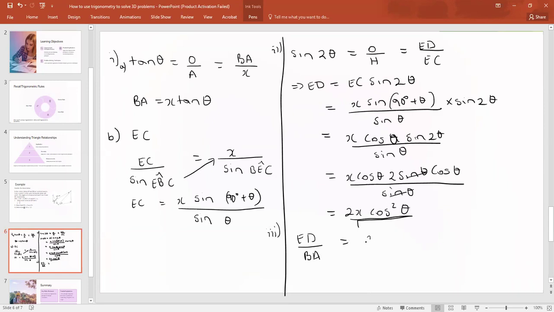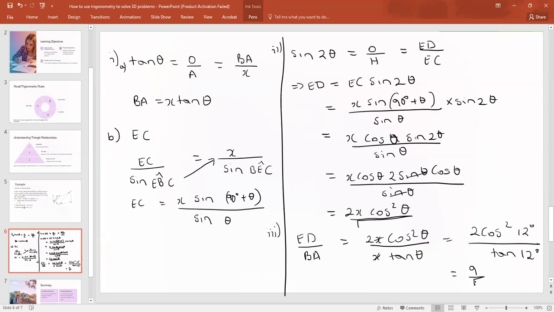Our ED from our previous calculation is 2x times cosine squared of theta, divided by BA. This is our BA, x times tan of theta. This x cancels with this x. We're going to have 2 times cosine squared of 12 degrees divided by tan of 12 degrees. If you put it into your calculator, you are going to obtain 9.